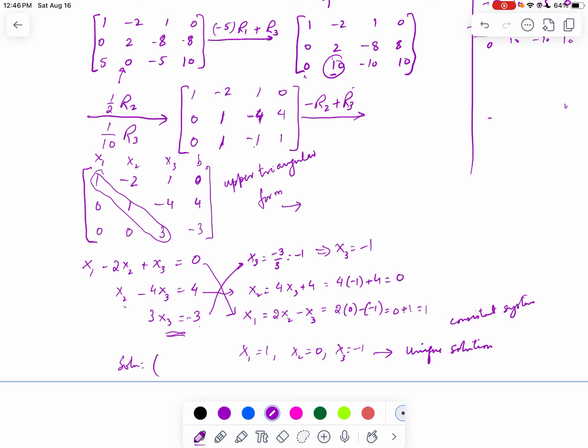We write it as a triplet or tuple: 1, 0, negative 1. And now if you want, you can go back and plug these values in each of these three equations, and it must satisfy the equations.